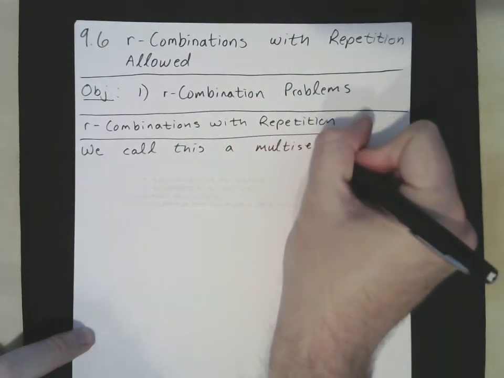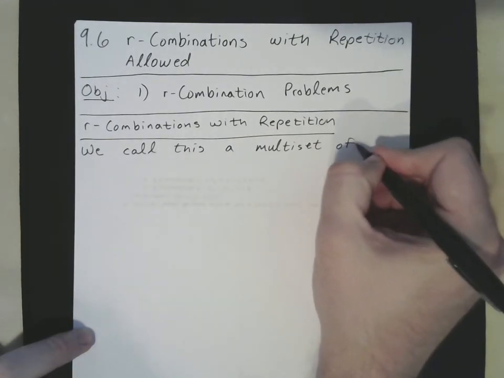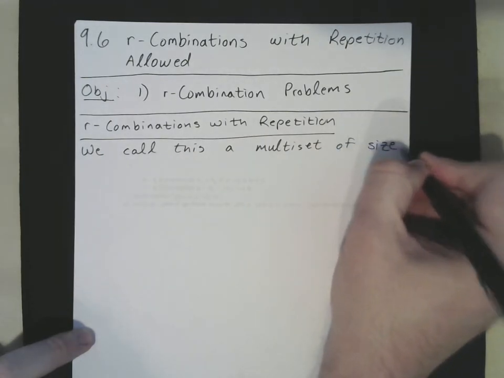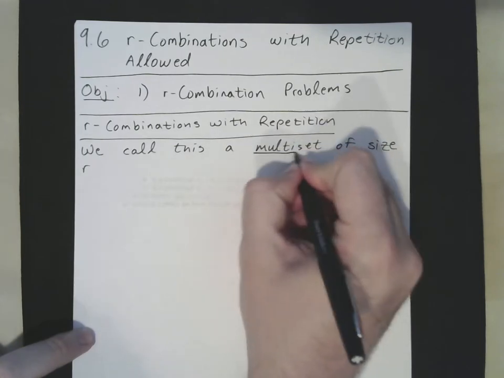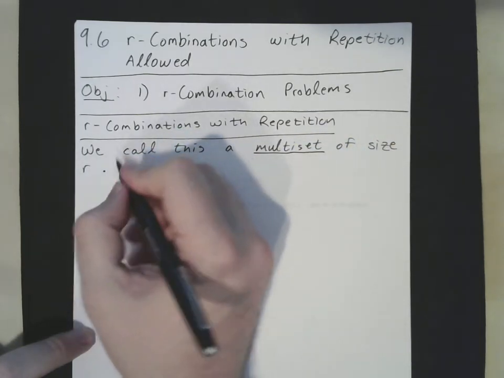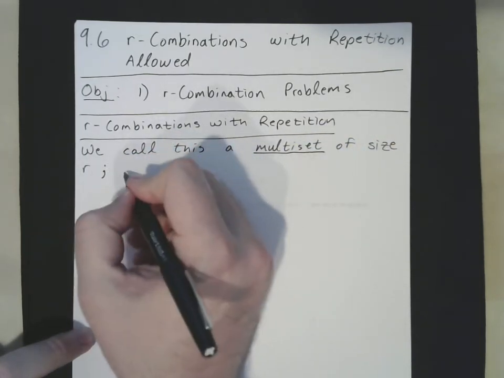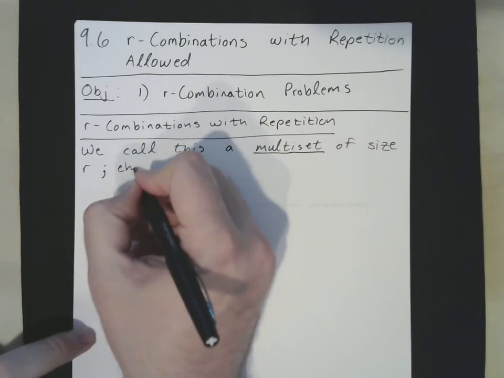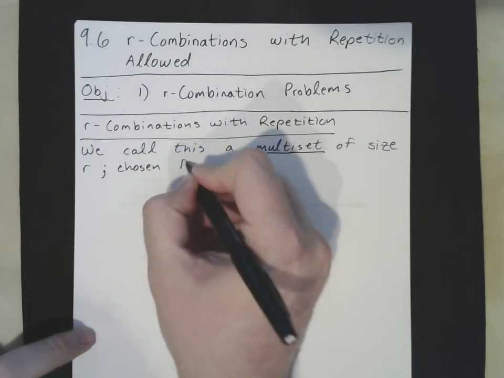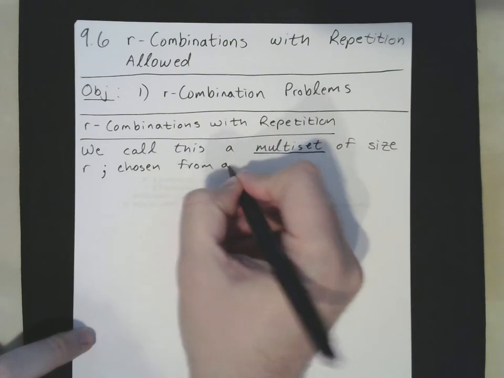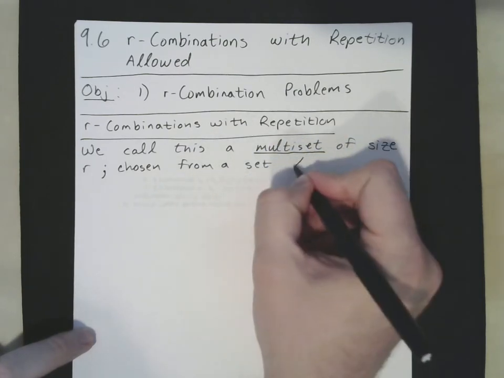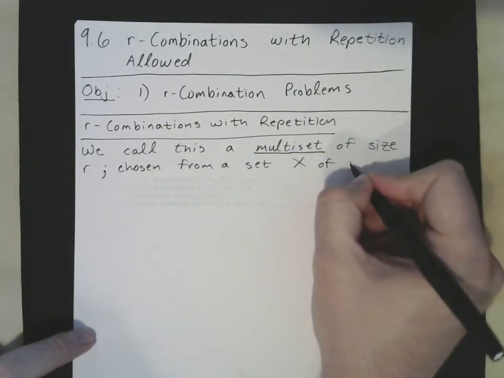So this is a multiset of size R; and this is chosen from a set X of n elements.